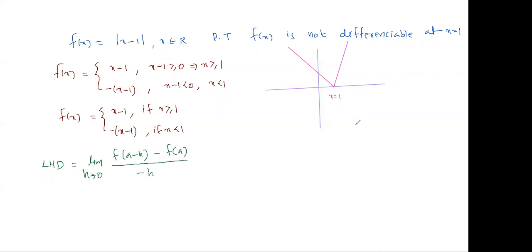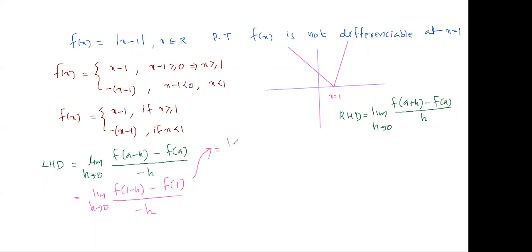This was the formula for left hand derivative. राइट हैंड डेरिवेटिव का फॉर्मूला था limit h goes to 0 f of a plus h minus f of a divided by h. इधर फॉर्मूला में अप्लाई करेंगे तो it is limit h goes to 0 f of 1 minus h minus f of 1 divided by minus h.